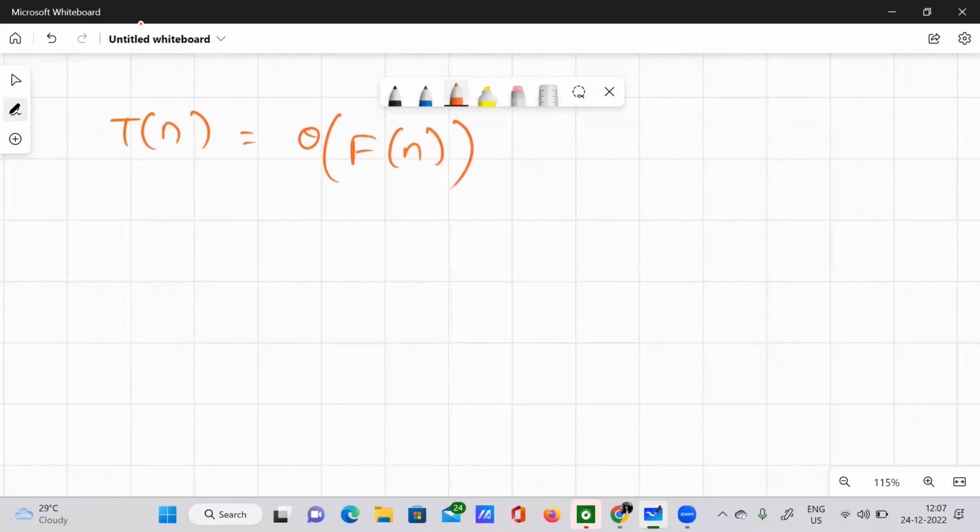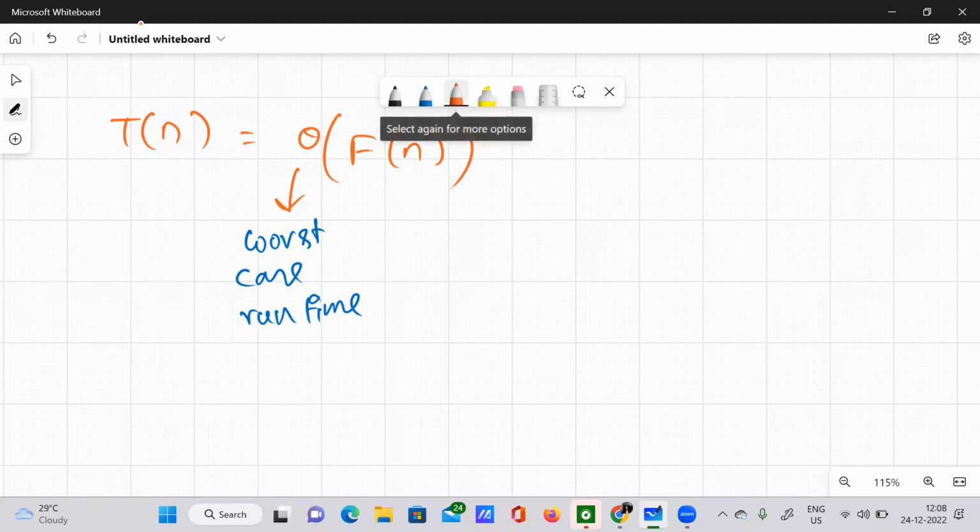What does this equation explain? What is meant by theta here? Theta is nothing but the worst case runtime. And this f of n would be my function.